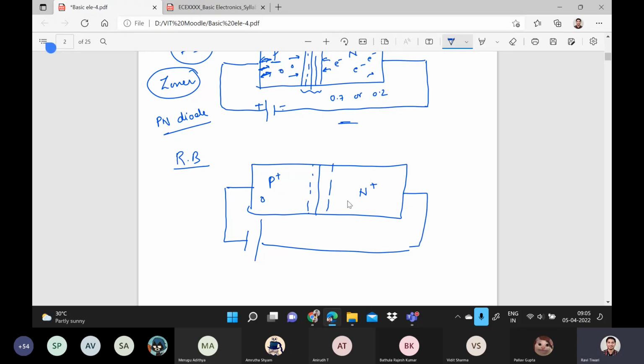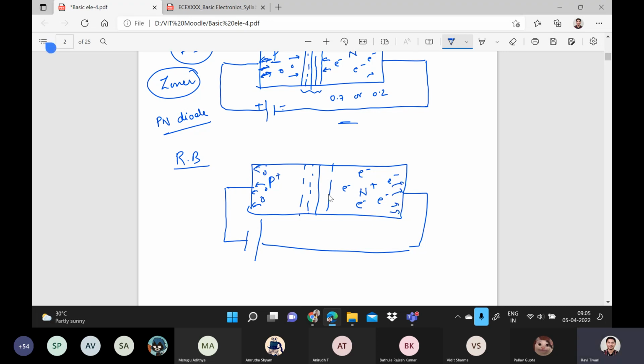Now what will happen here? We have holes in the majority here, and electrons are in the majority here because it's N type. The negative of the battery will attract the holes from here. Electrons from this side will also be attracted towards the boundary.